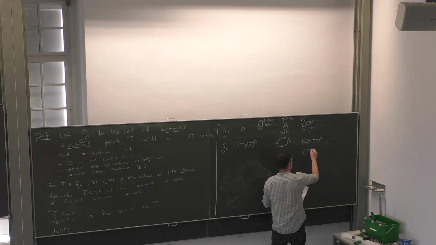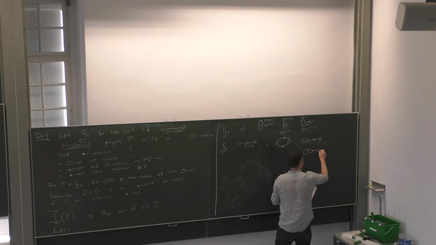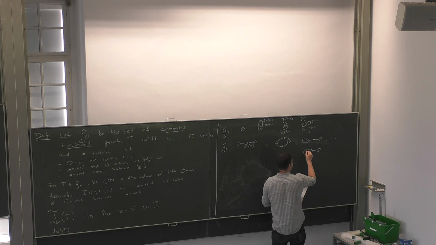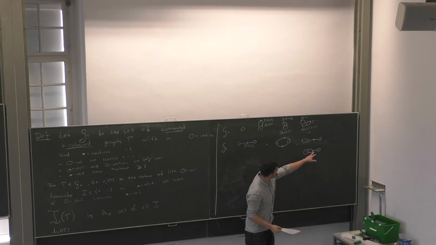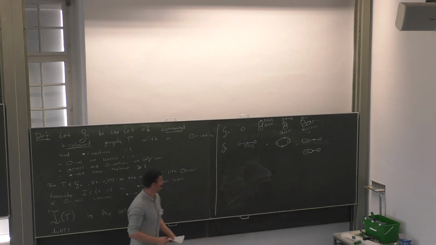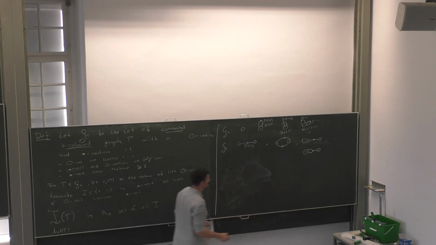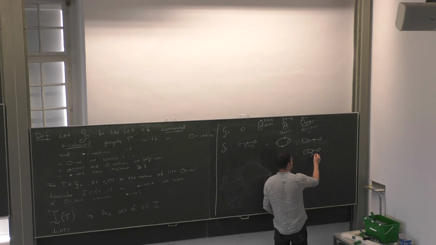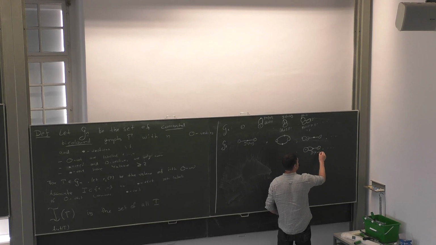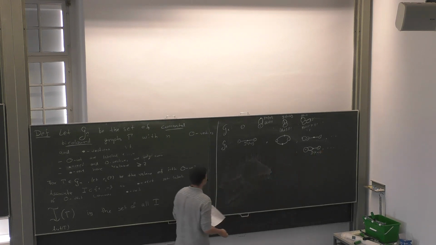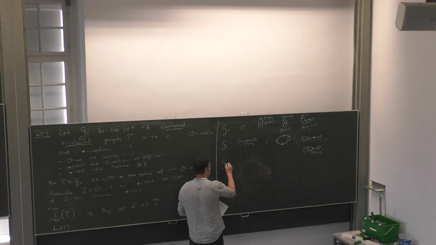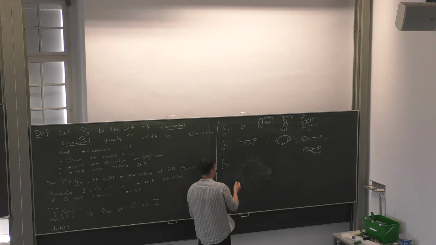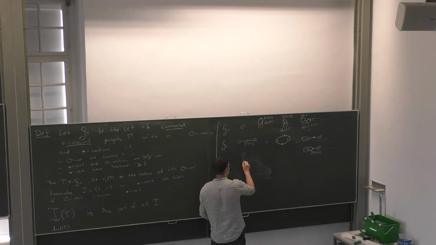And also there's this multi-edge, where we have here 1 and 2, and we have this trivalent bullet vertex appearing now here, etc. So here, for instance, the set I is {1,1,2}.